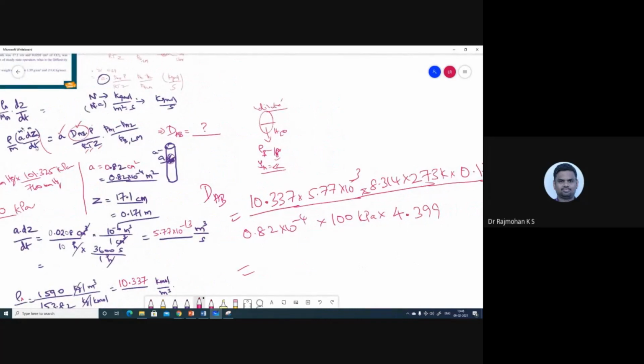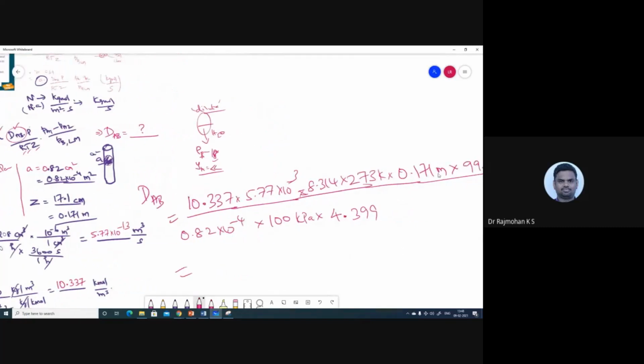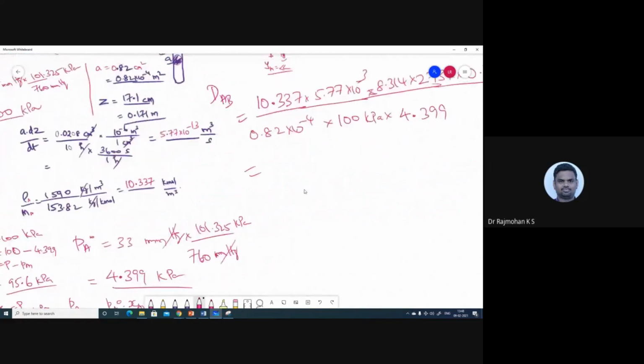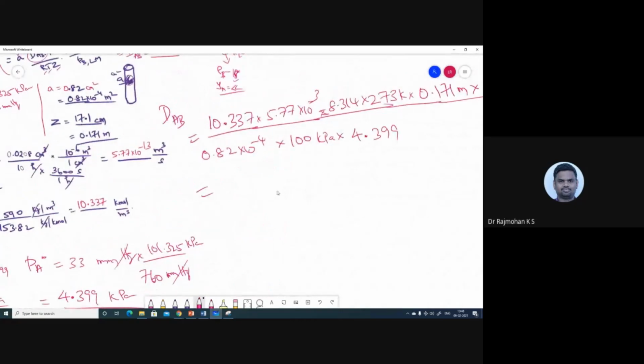So we have A in the denominator, 0.82 into 10 power minus 4. Total pressure in the denominator, 100 kilopascal. RTZ in the numerator, 8.314 into 273 Kelvin into 0.173 m. And then PA1 minus PA2 in the denominator. So we have PA1 minus PA2 as 4.399 kilopascal.